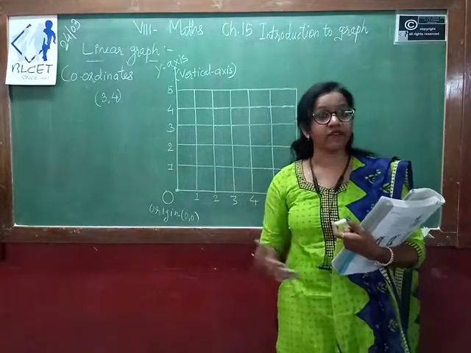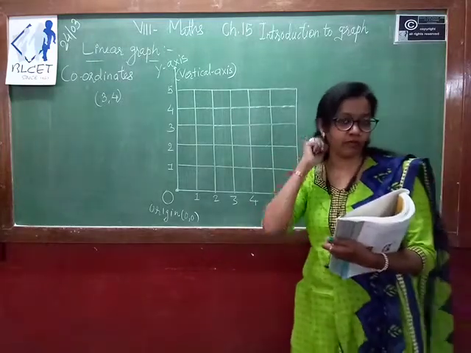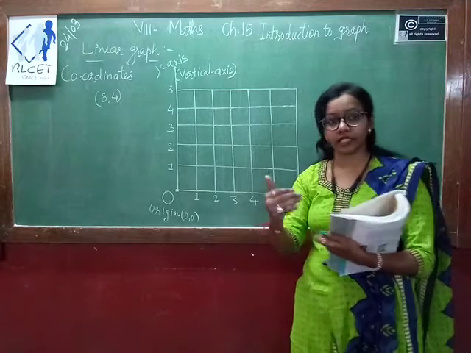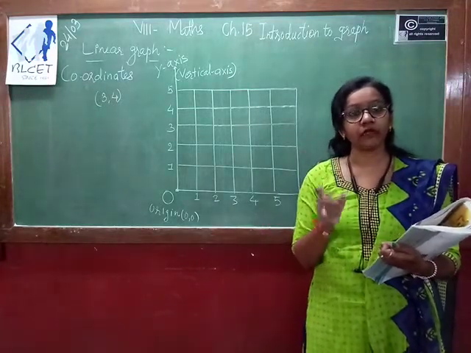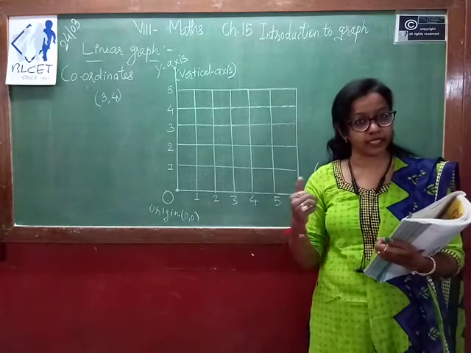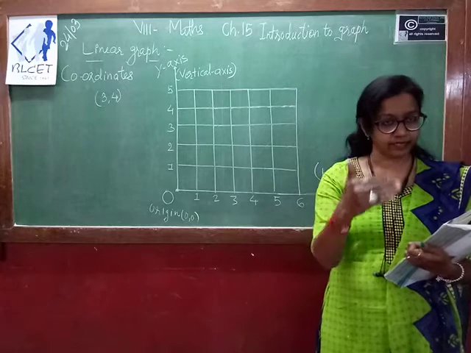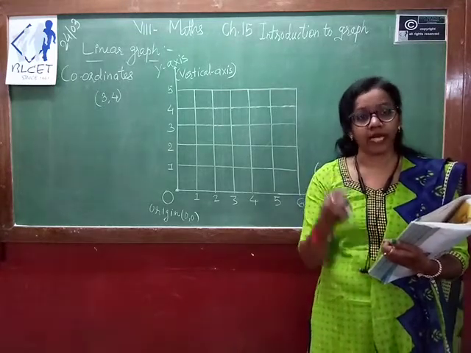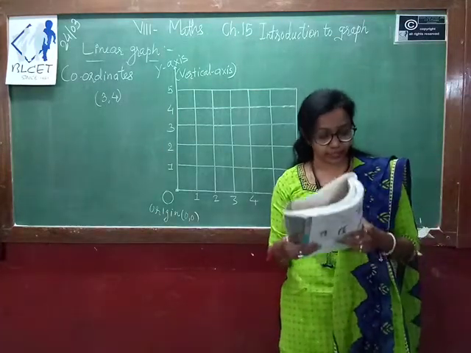In the same way, if you have visited a cinema hall, you can observe such an arrangement, and according to the seat number you are able to find your seat very easily because it is written in the form of coordinates. The alphabet suggests the column and the number suggests the row. This way you can find your seat.